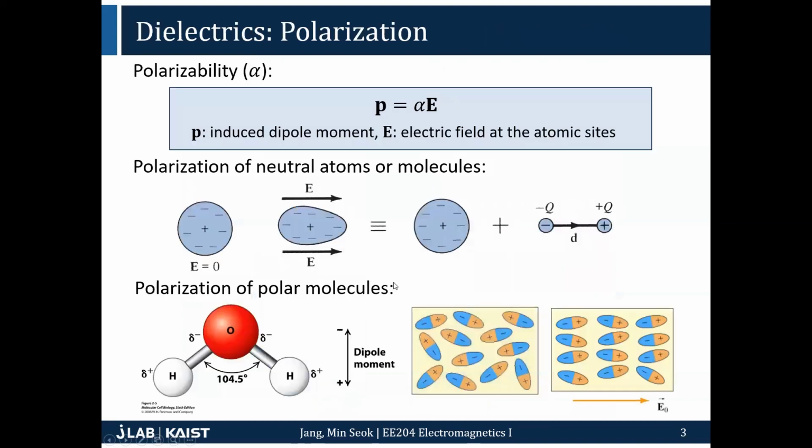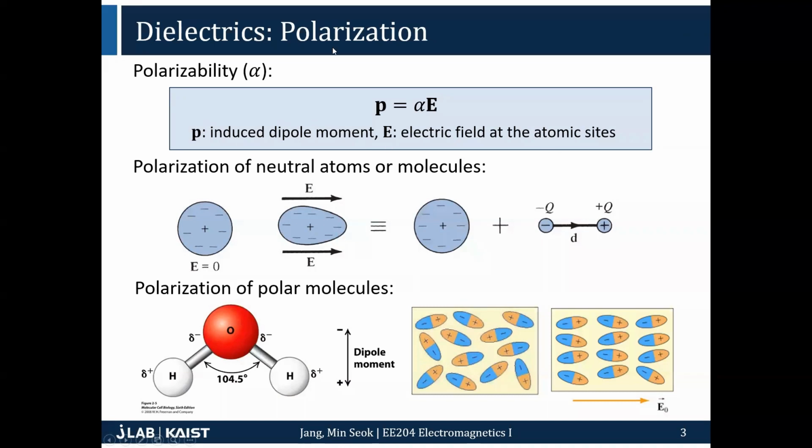So let's think about how a material responds to an applied electric field. To do that, we want to first define polarizability. Polarizability is alpha, and E is the electric field at the position of the atomic site, and P is the induced dipole moment.